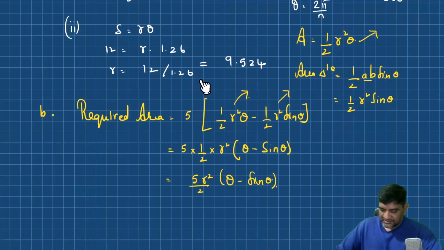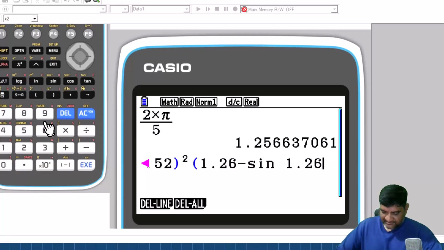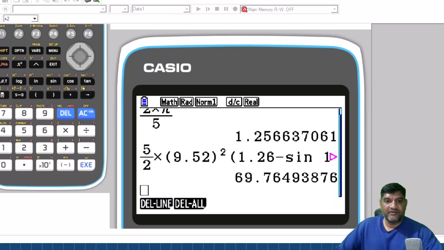The theta value is 1.26, then subtraction, sine of 1.26, close parenthesis, and execute. So that's 69.76. I can write this as 69.7.